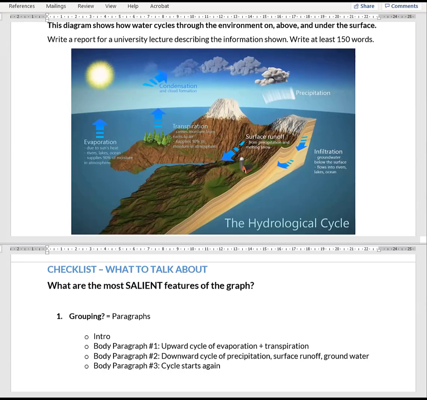This is when water in the ocean or river, something like that. It says groundwater below the surface. Okay. Flows into rivers, lakes, ocean. Okay, so we've got that. And what else do we have after the rain?